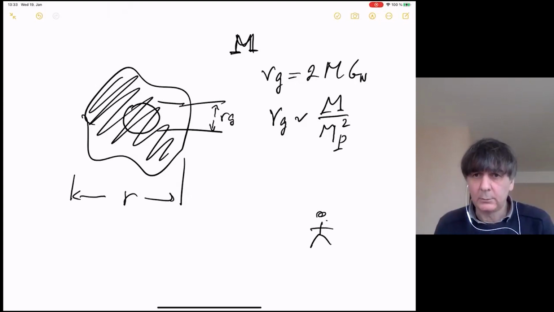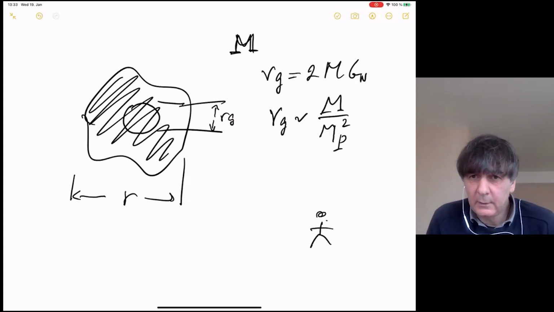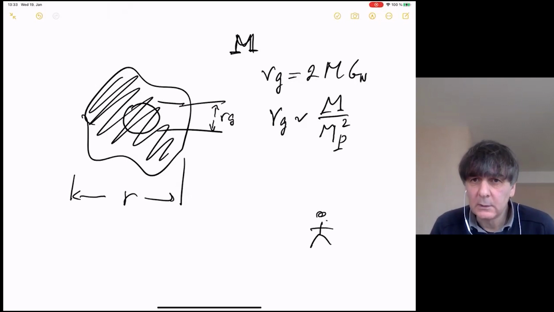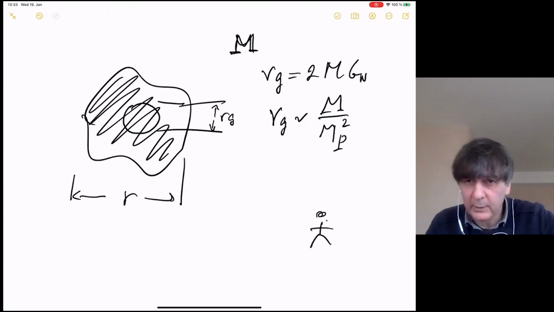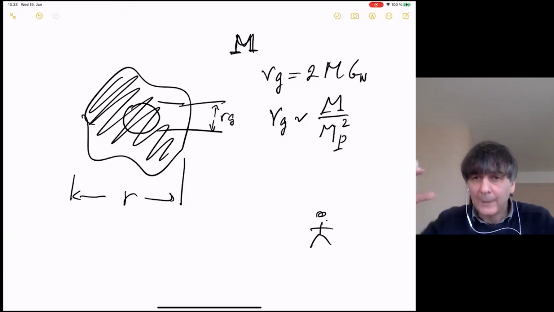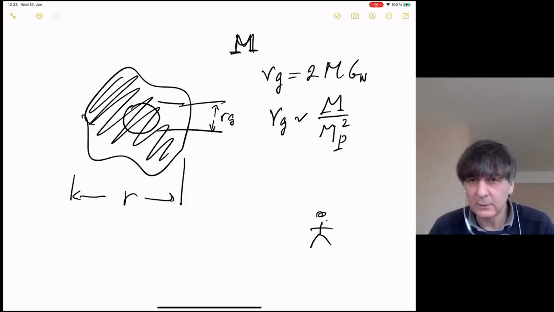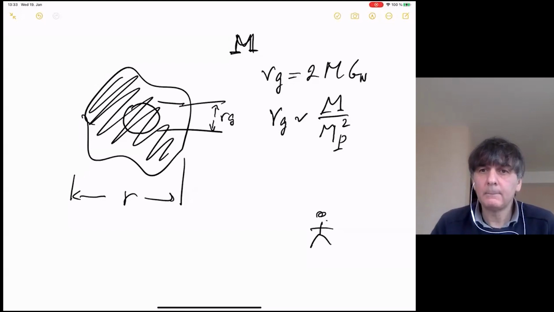So for extended objects, for example, this is what is happening in the Earth. In the Earth, none of the curvature invariants are even remotely close to the Planck scale, to the Planck mass. So gravity, for all practical purposes, for describing gravitating objects such as Earth, is in the weakly interacting region.